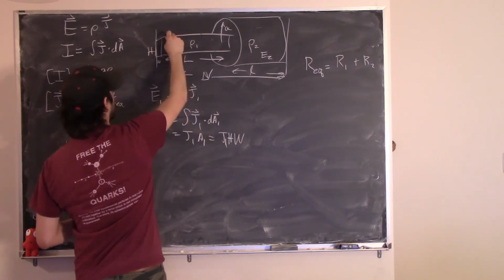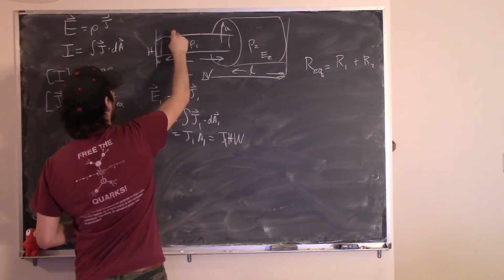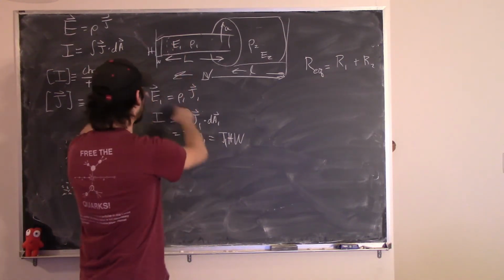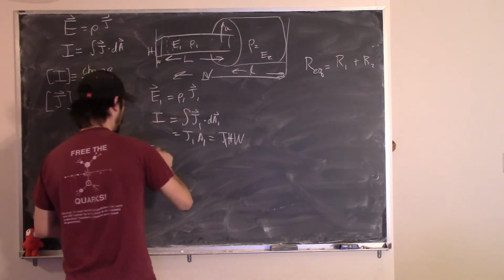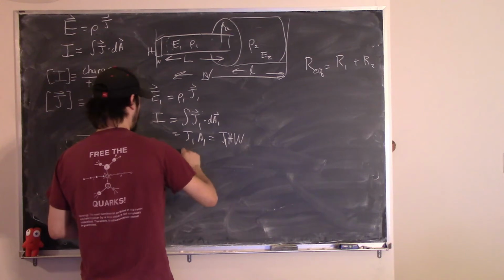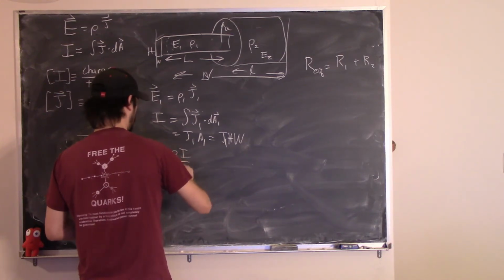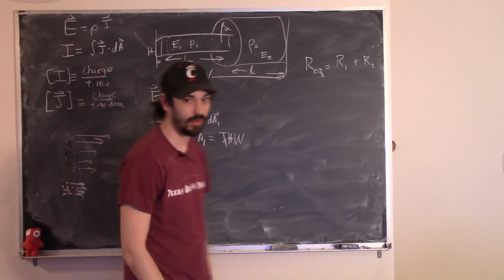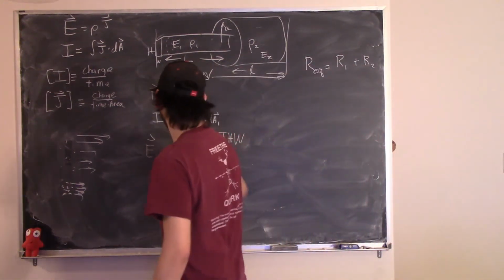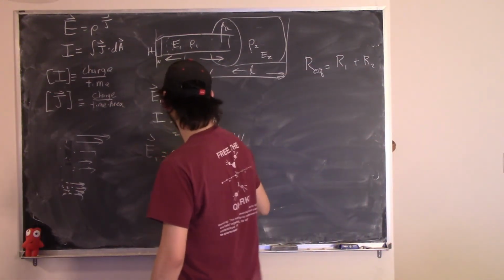Because that's going to be the cross-sectional area of this guy, okay? Now we can plug this into our electric field. E1 is going to be equal to rho 1 times I divided by H times W, okay? So now we have what our first electric field is.